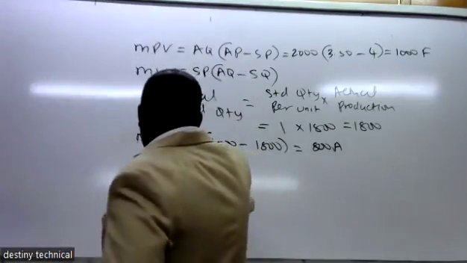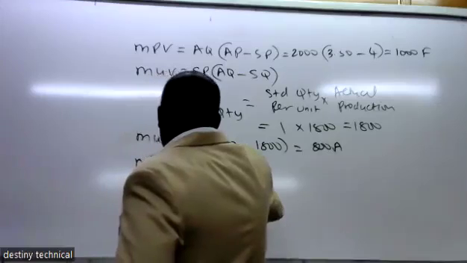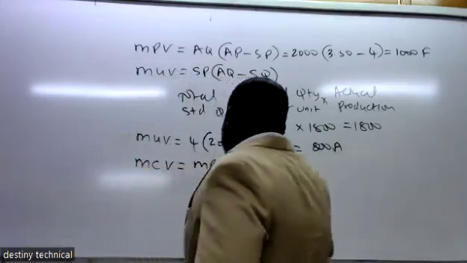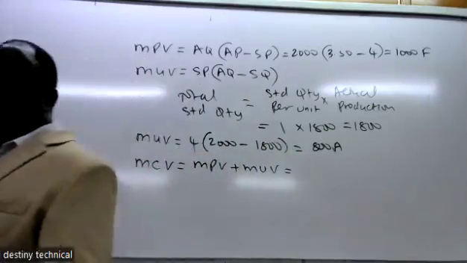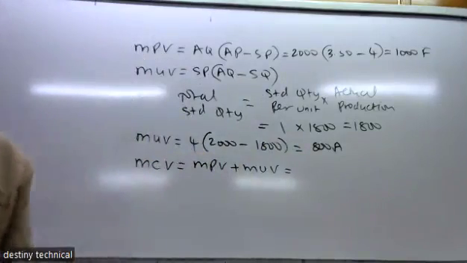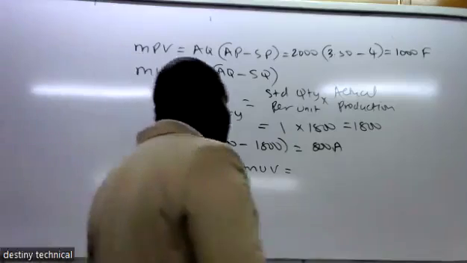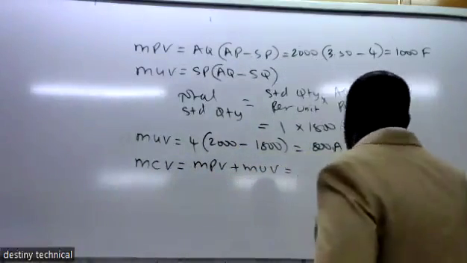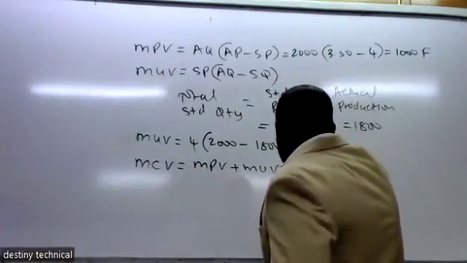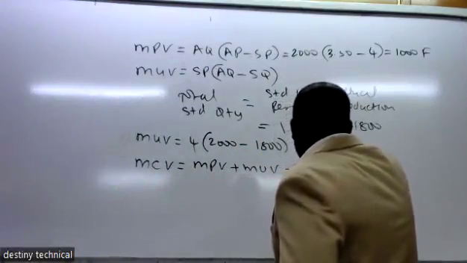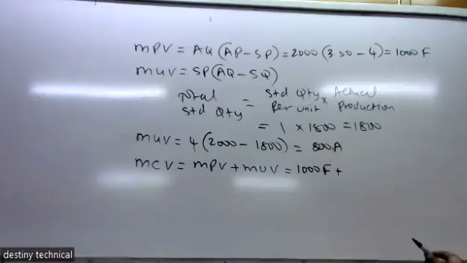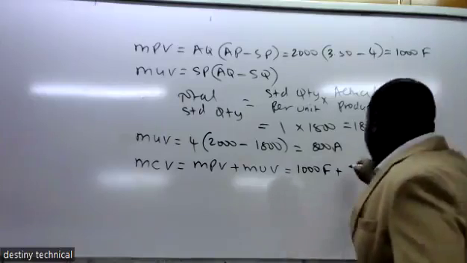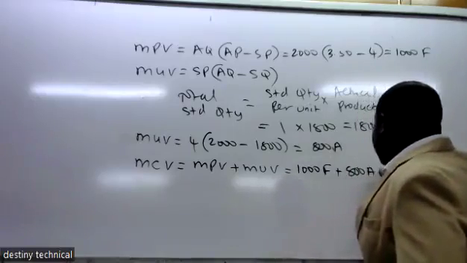Material cost variance is simply material price variance plus material usage variance. The material price variance we had calculated up there, we got 1000 favorable. We add the material usage variance, which is 800 adverse.